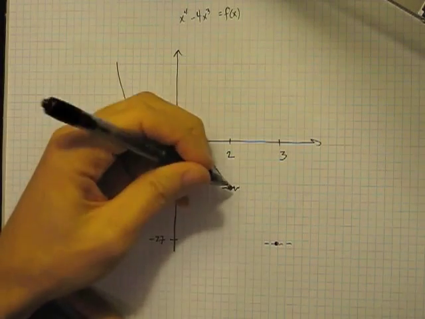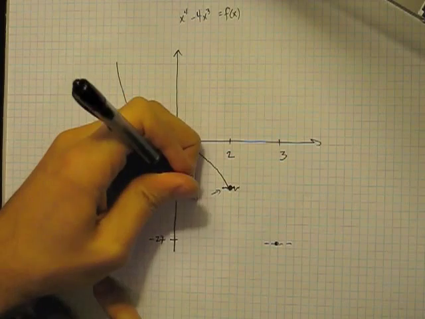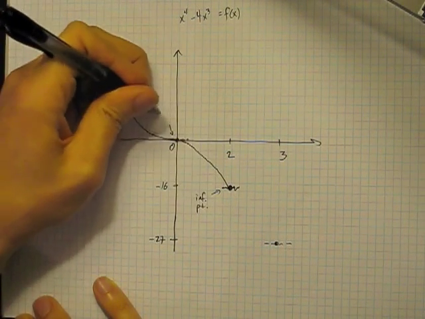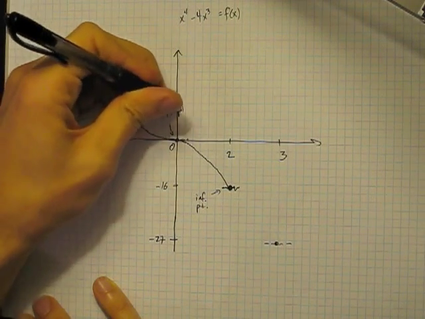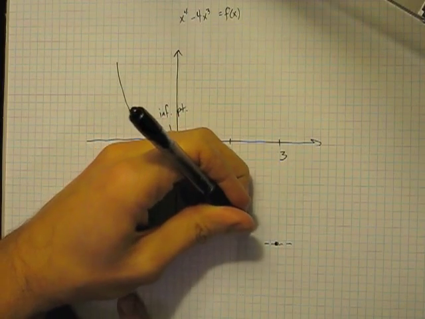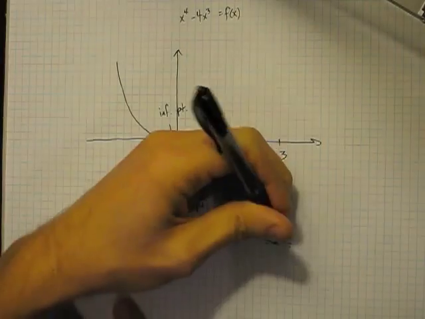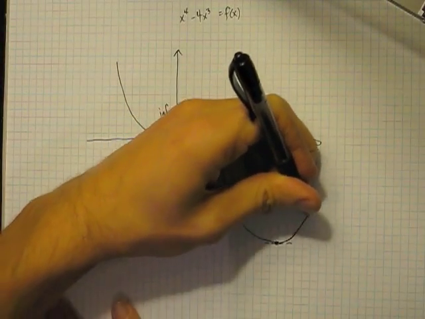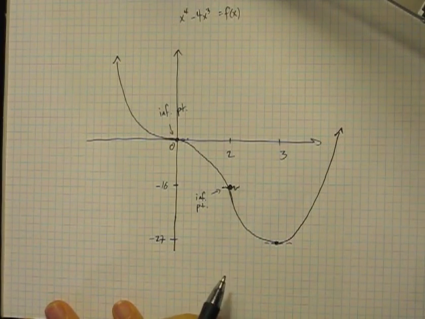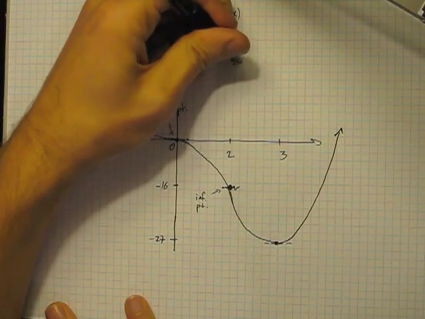At this point right here, it switches concavity, so this is an inflection point, as was this one. It switches concavity, and then has to be concave up and decreasing to here. Here it has a horizontal tangent line, and after that, it is concave up and increasing. So this is what the graph of this function looks like. This is the sketch.